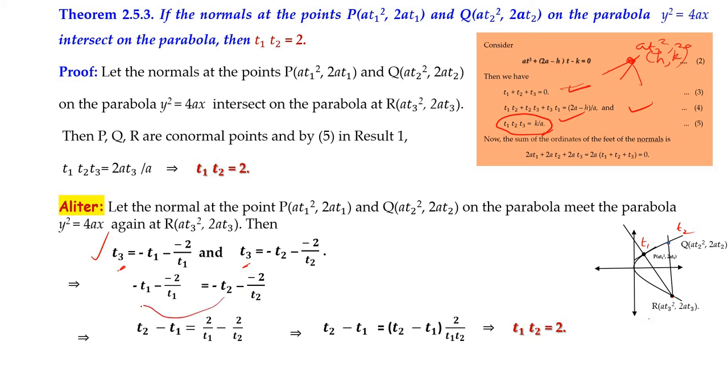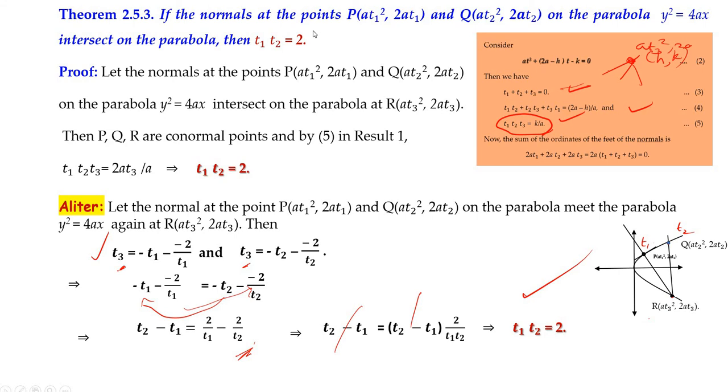Then taking this to the other side, t2 minus t1, and then taking this to the right side, this is what we get on simplification. So t2 minus t1, you can cancel out this, and then cross multiplying you get t1 t2 to be equal to 2. So these two theorems are very important when we do further problems in the worked out problems category.